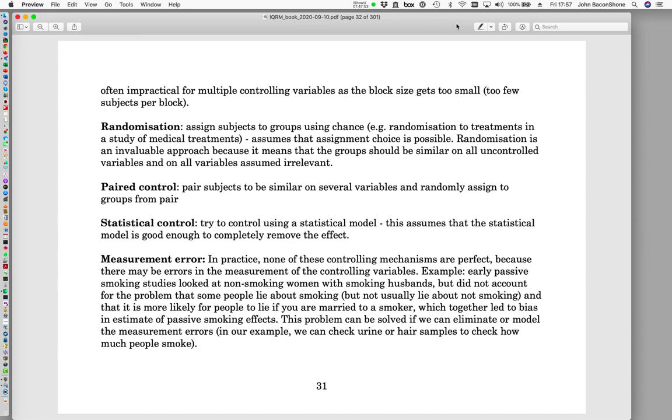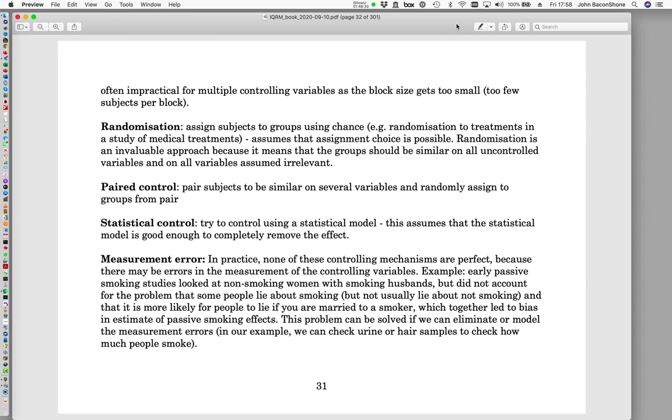Now, statistical control means I try to control for things which I cannot do through allocation, but by assuming that by including them in my statistical model, I can completely remove the effect. So that's not a bad objective, but it can be very difficult to use statistical controls in practice in a very good way.